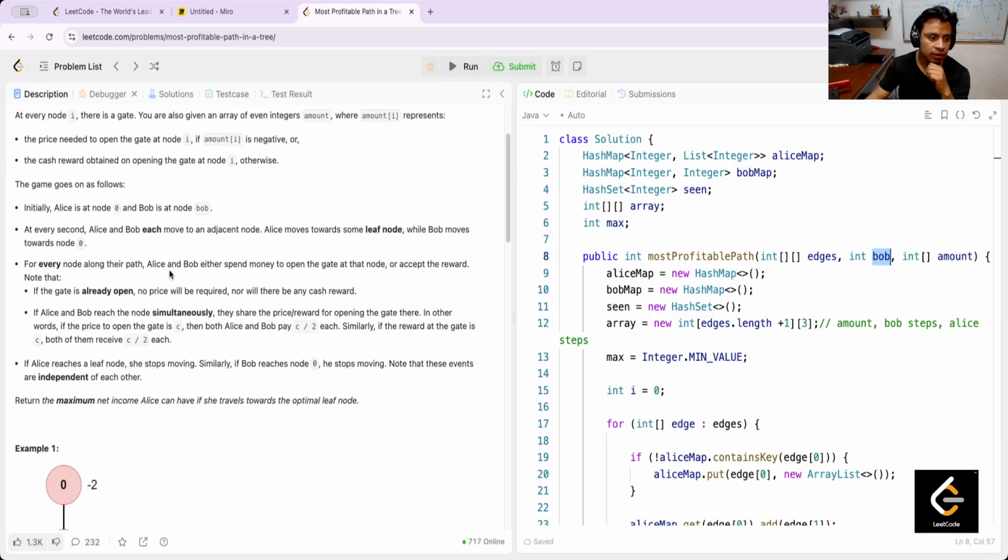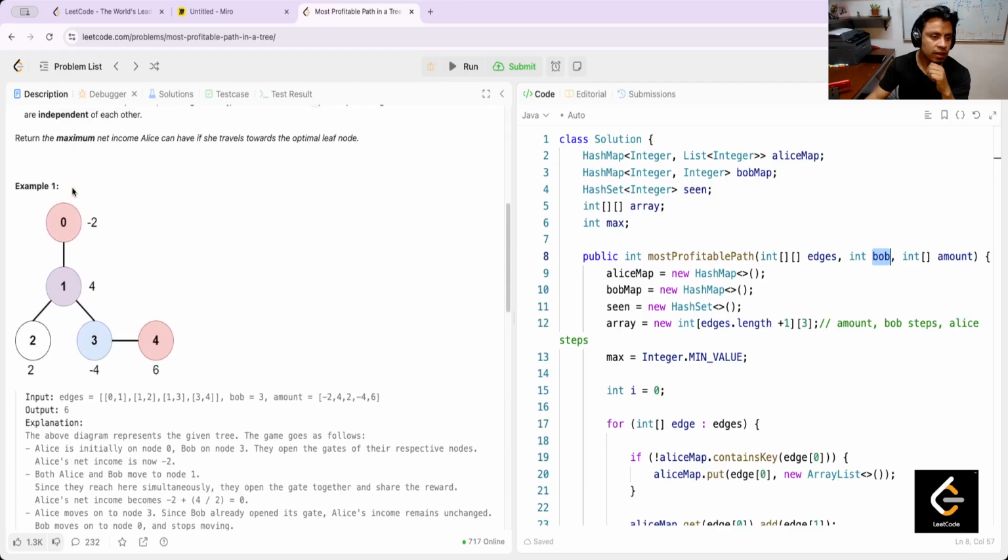For example, Alice always starts at 0, and Bob in this case is at 4. Bob needs to go along the short path, upwards, trying to reach node 0.